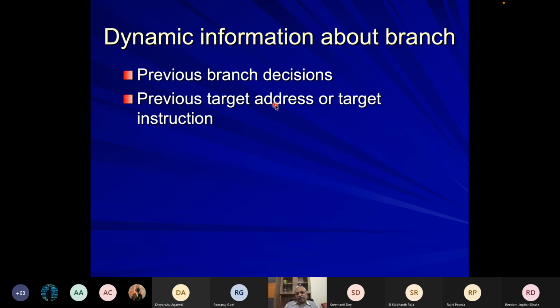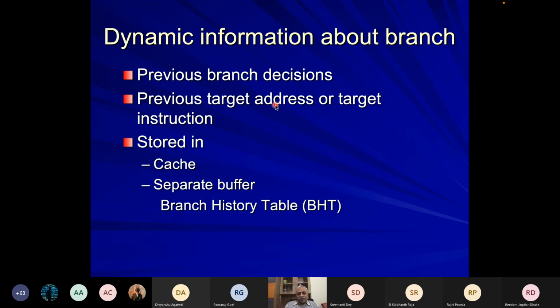The idea is that these things have to be stored somewhere. They could be stored in cache. Well, cache we haven't discussed; we are going to discuss it subsequently in the course. But cache is a fast memory which is between the processor and main memory. Main memory is typically what we have been calling program memory or data memory.